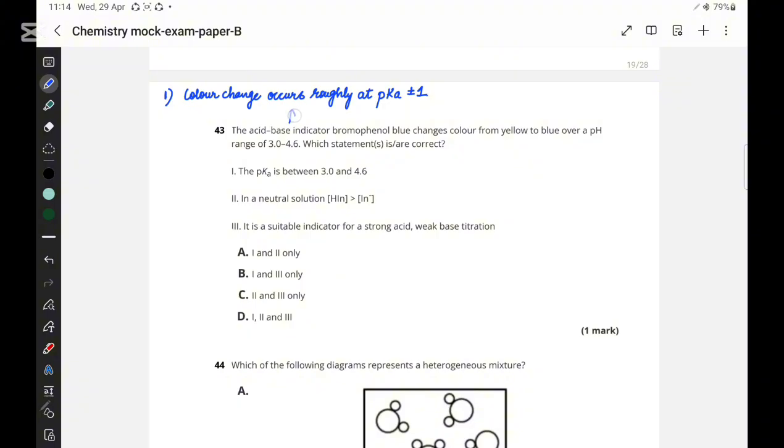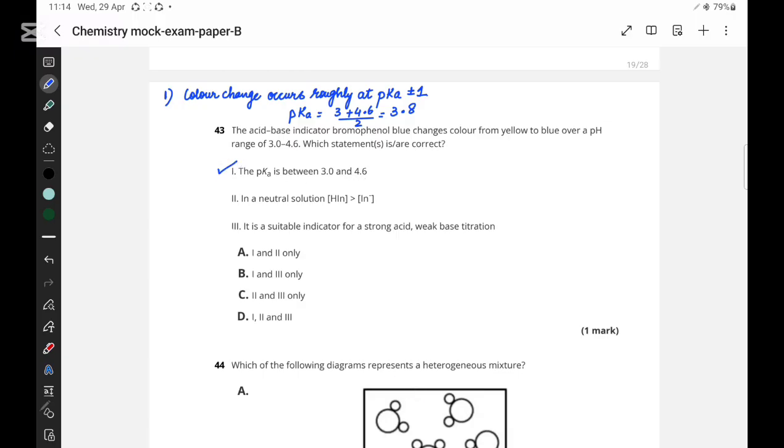So pKa value is going to be approximately in the middle of their range, that is 3 plus 4.6 divided by 2. It should be in the middle, so that is 3.8. So in the first option they are saying pKa is between 3 and 4.6, so this option is correct.